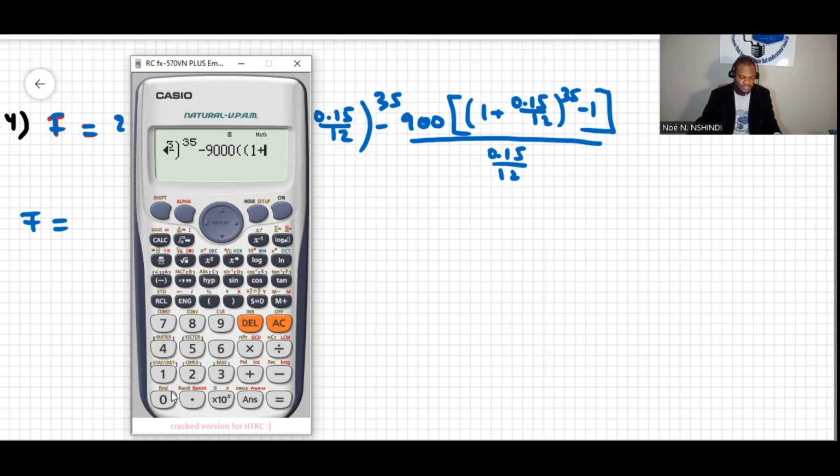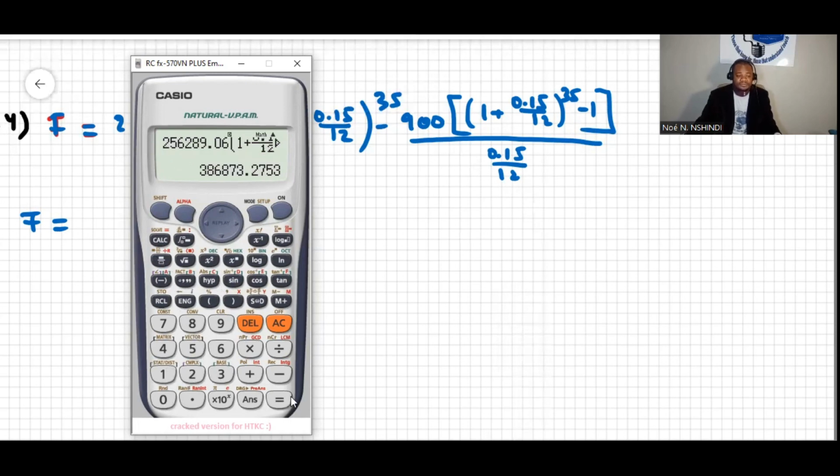So 1 plus 0.15 over 12, close brackets, and then minus 1, now close the final bracket, all over 0.15 over again 12. Okay, I entered everything.